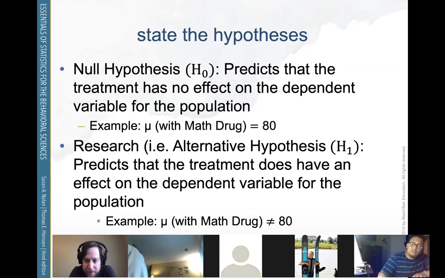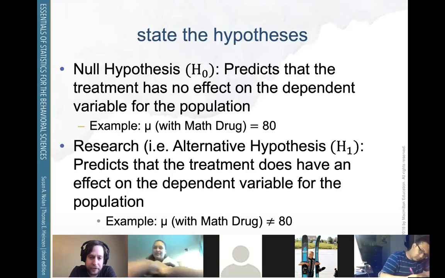One, you give them the treatment and that causes their scores to increase dramatically. That's one side of the tail. You can also give them the treatment which will decrease their scores dramatically. That would be on the other side of the tail. Either of those two tails would be taken as support for the alternative hypothesis.